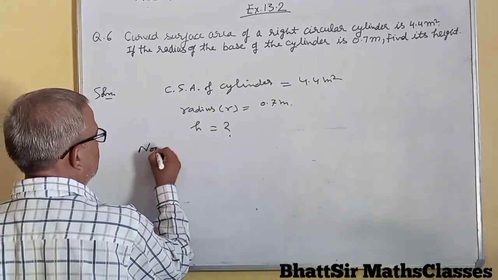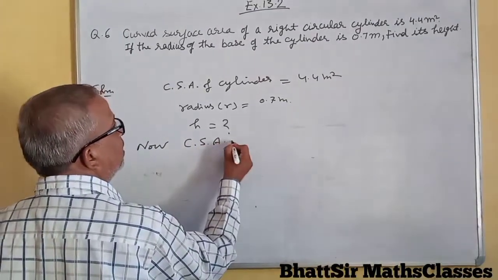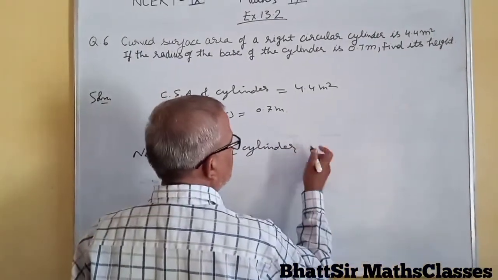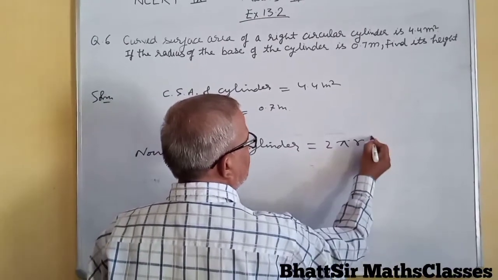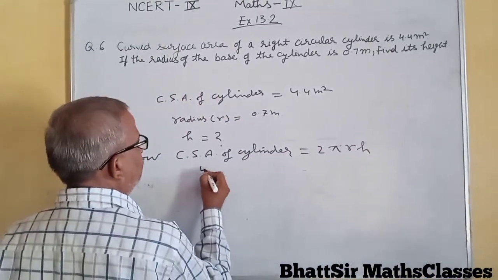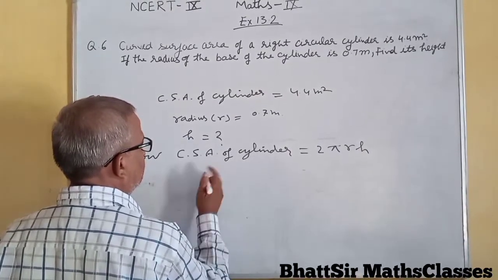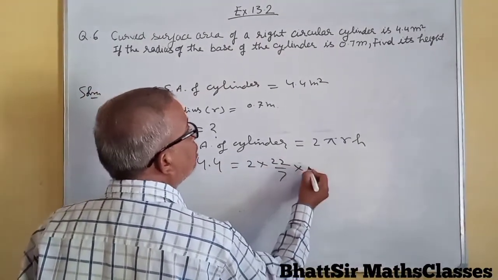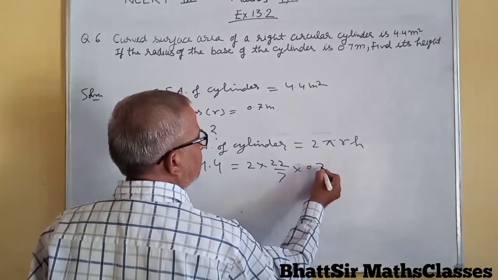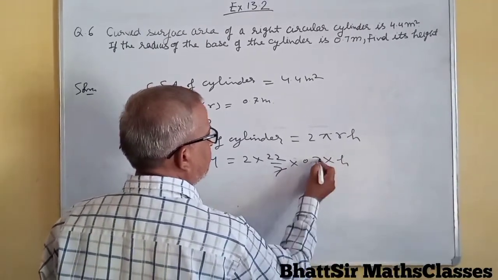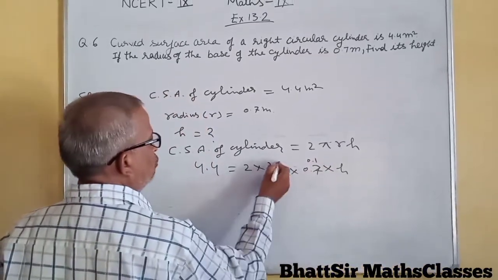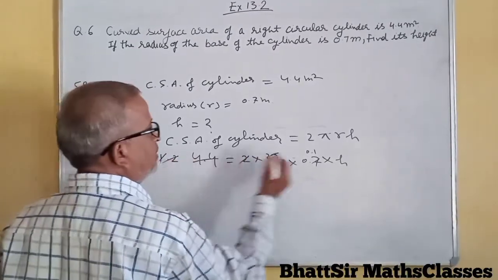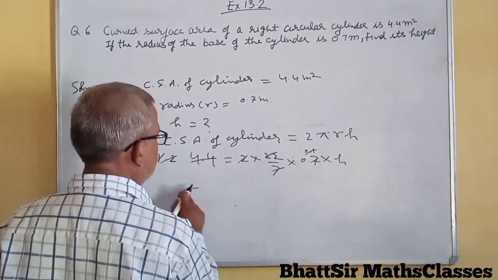So now curved surface area of cylinder equal to 2 pi RH, 4.4 equal to 2 into 22 upon 7 into R 0.7 into H. 7 7 cancel out, 0.1, 22 2 is 44, 0.2, 2 2 cancel, 0.1, 0.1 0.1 cancel.